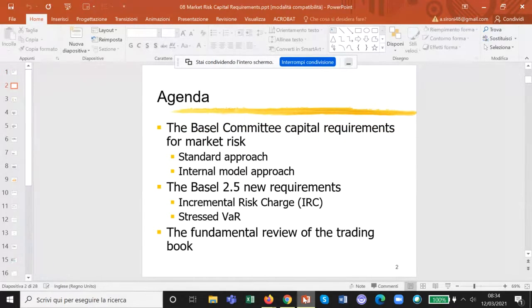So more specifically, we're going to first look at the standard approach and internal model approach that have been originally introduced back in the late 90s. And then we'll see the main changes that have been introduced after the great financial crisis. And finally, what's going on recently, which is also called the fundamental review of the trading book, where a number of innovations are going to be introduced gradually over the next few years, okay?